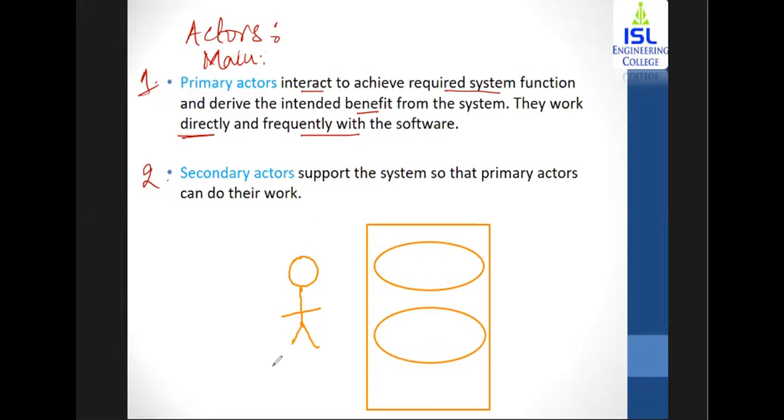This is a primary actor. Now suppose this is the customer. Customer is your primary actor. Now suppose a person wants to open an account. So this is the bank. Now we're going to have a secondary actor, bank, or you can say the ATM. We'll name the secondary actor as bank.